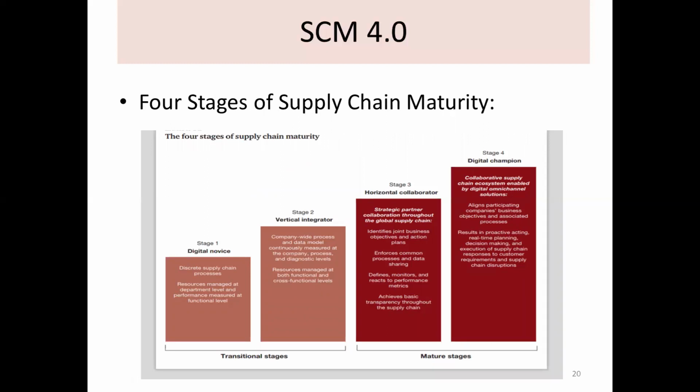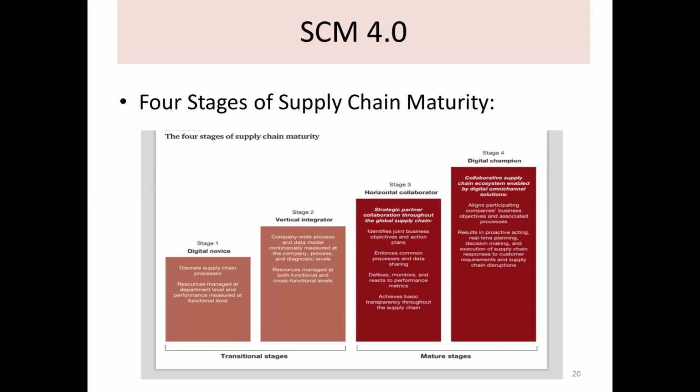So these are the four stages of supply chain maturity. In stage 1, the digital novice, discrete supply chain processes are explained. After that, the vertical integrator, where company-wide processes and data models are continuously measured. The third stage is the horizontal collaborator, where global supply chain collaboration is made.